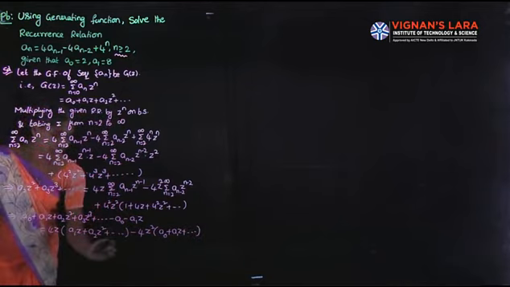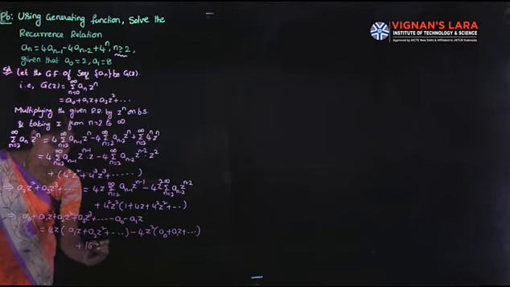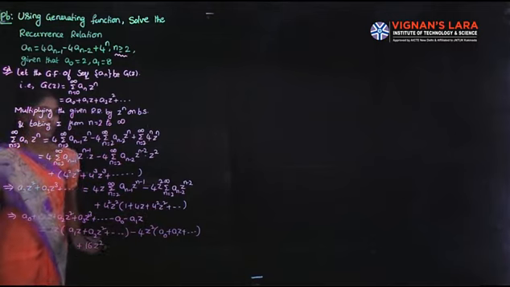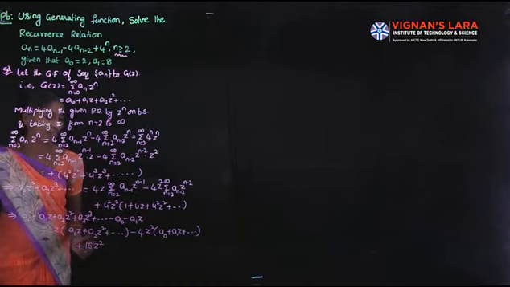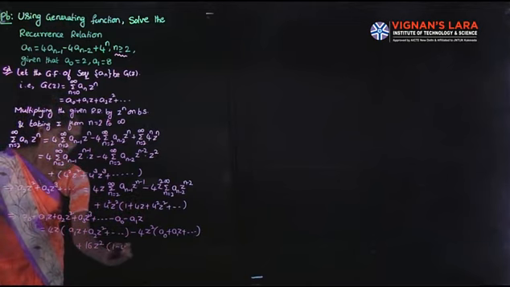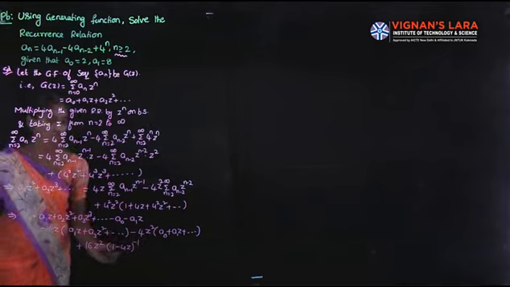This term can be written as 16z^2 into (1 + 4z + 4^2 z^2 + ...), which can be written as (1 - 4z) inverse, right?